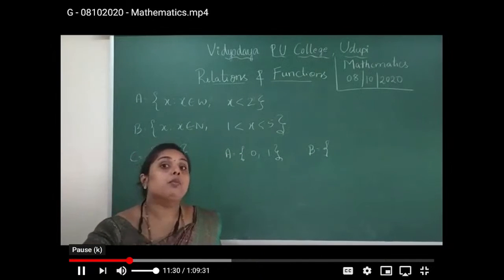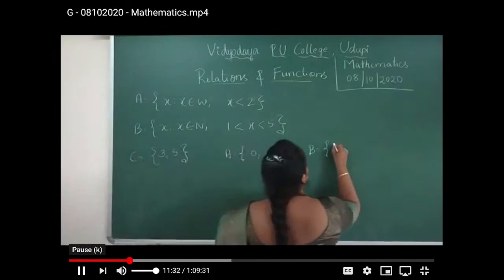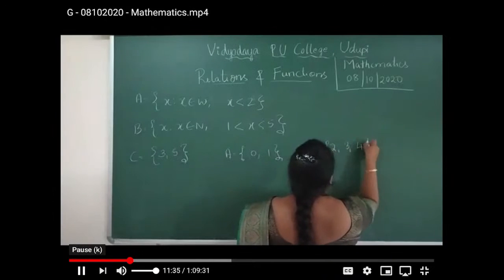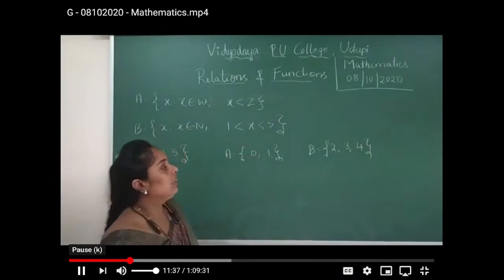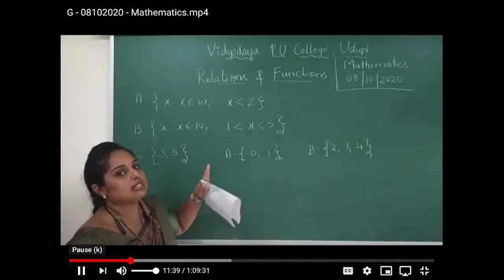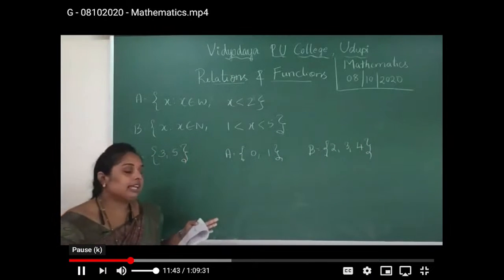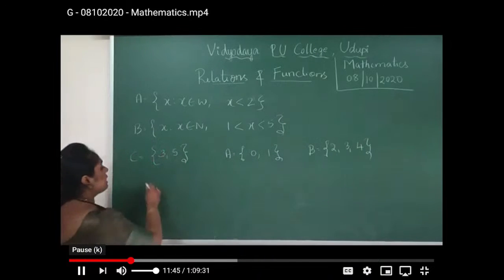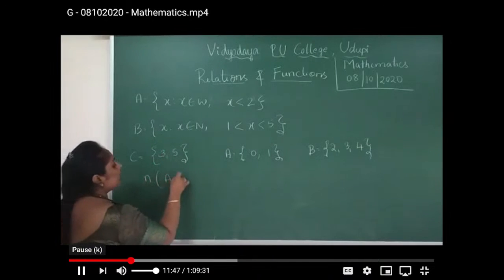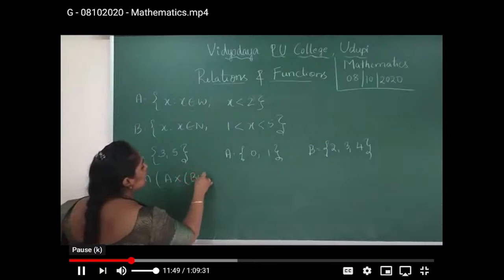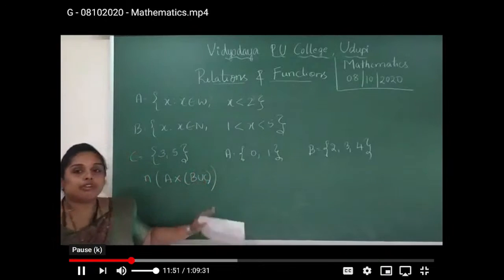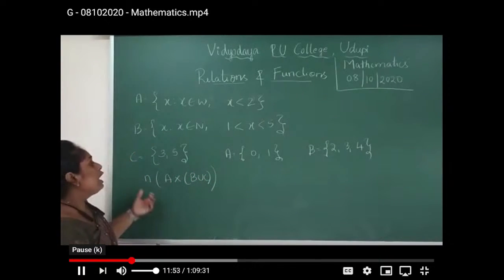The natural numbers between 1 and 5 are 2, 3 and 4. So we have set A, set B and set C. What should I find? The number of elements in A cross B union C. I have to find this number of elements.